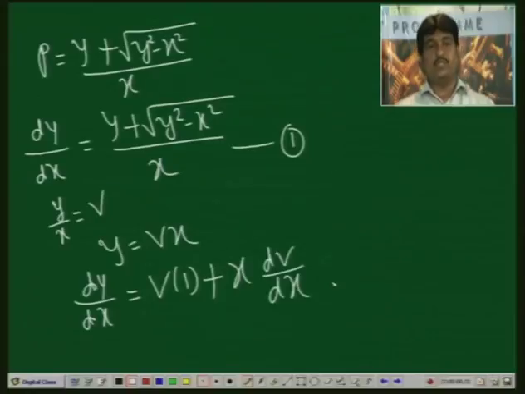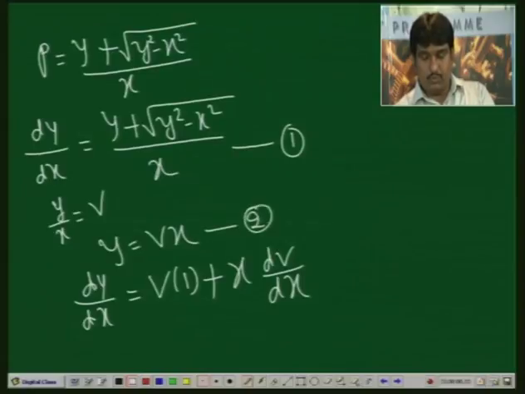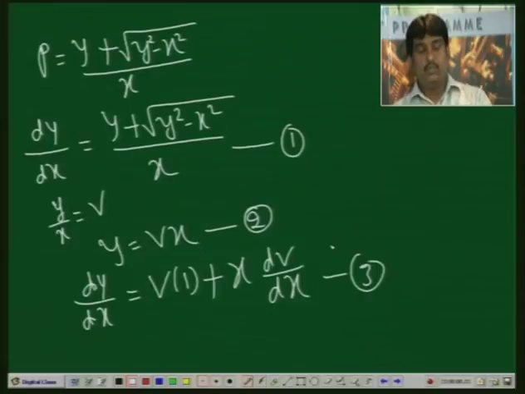So it is v plus x into dv by dx. Now I have to substitute equations 2 and 3 in 1. With this substitution, equation 1 reduces to an equation in separable form, which means we can separate the independent and dependent variables. Let me substitute this in 1.